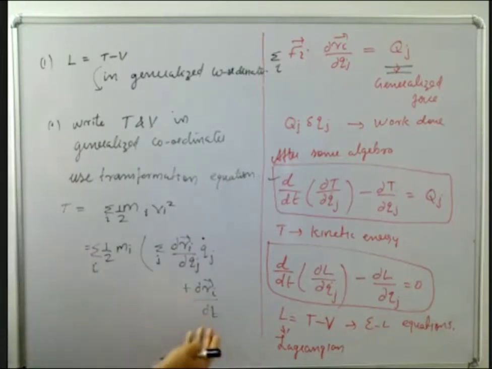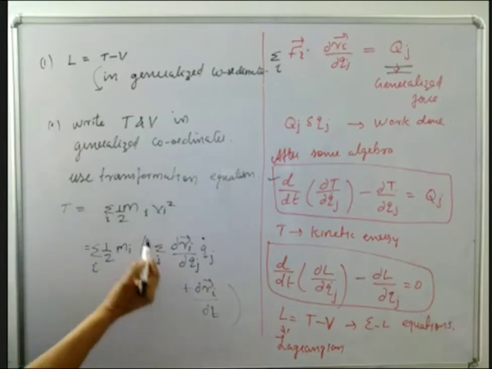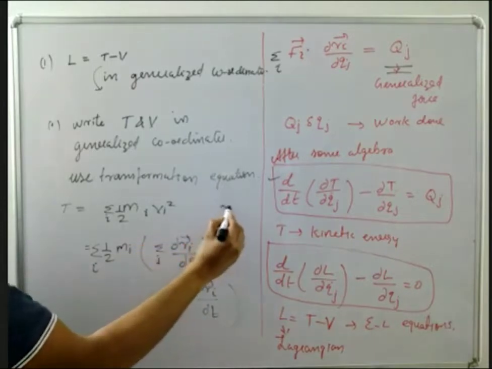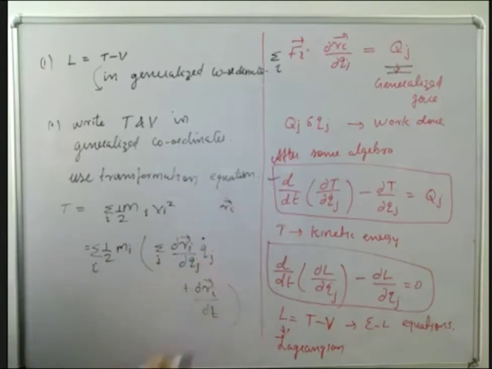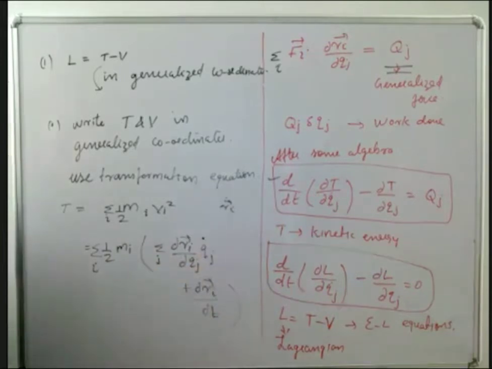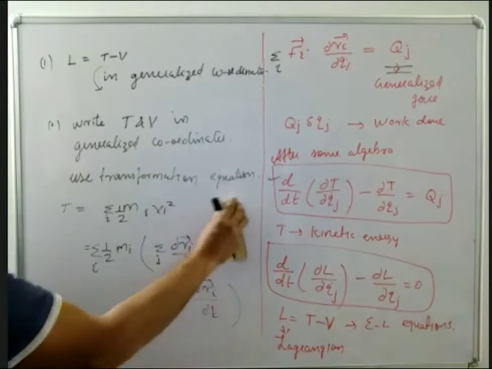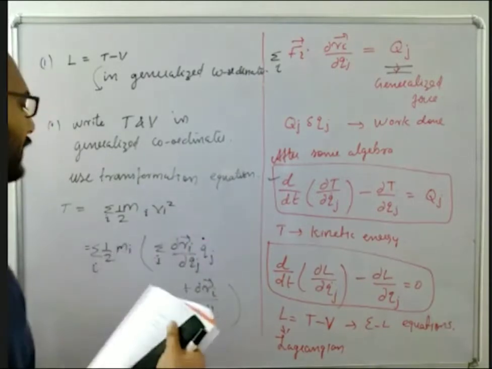You may not have to immediately memorize or use this, but it is rather clear, I hope, because what we need is r_i dot, and we have written r_i as a function of generalized coordinates q. So it is just dou r_i by dou q times q dot, plus dou r_i by dou t, since there's an explicit time dependence. That part is fairly simple. So this is the general technique.